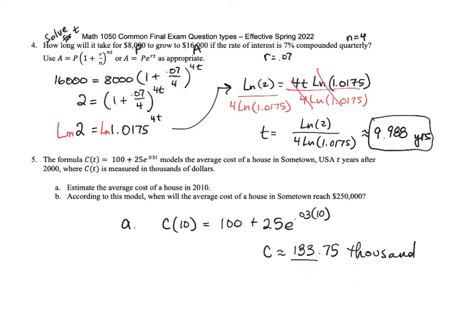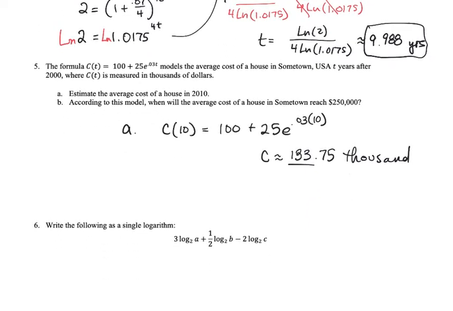Okay, what about part B then? According to the model, when will the average cost in some town be $250,000? That means we're solving for a value of time.